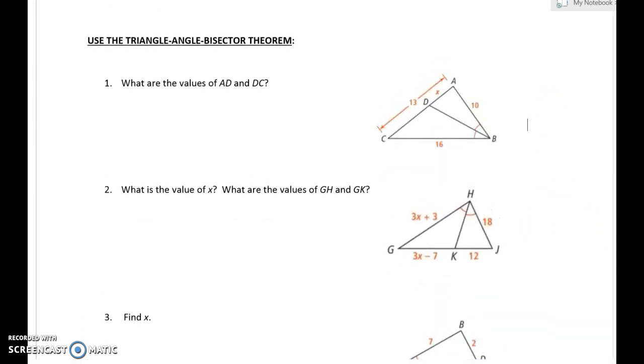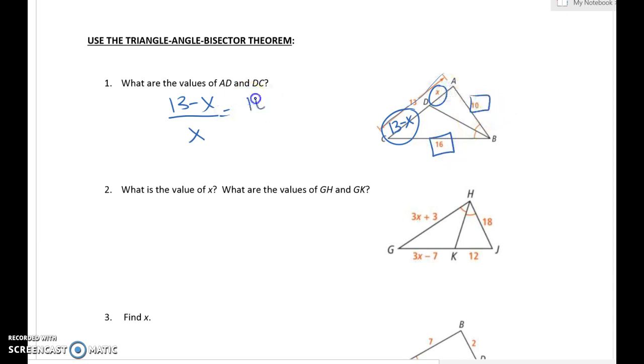So what we have here for this first one, so basically we want AD and DC. So AD is x. If this whole thing AC is 13, this will be 13 minus whatever x is. So then we're able to set up 13 minus x over x equals 16 over 10.